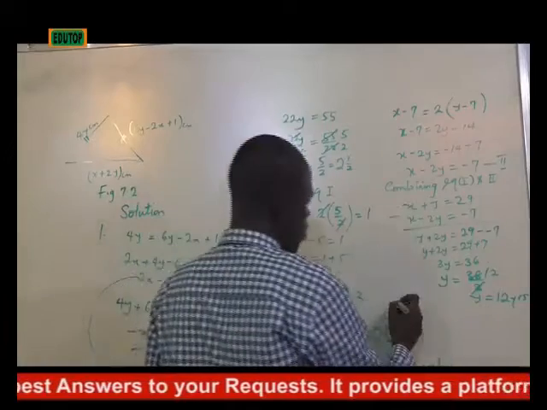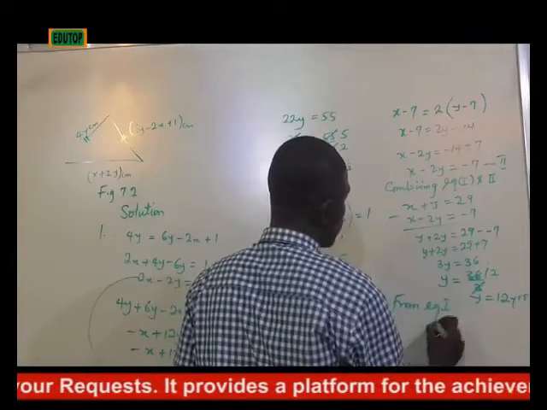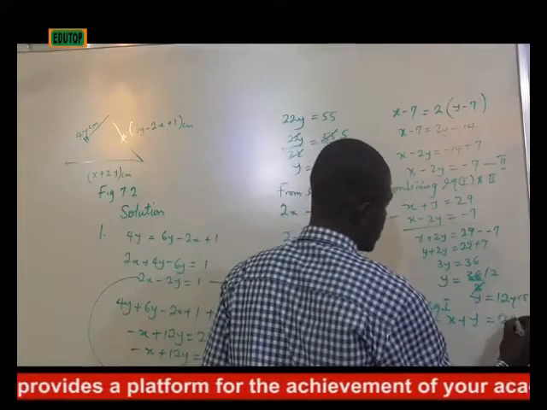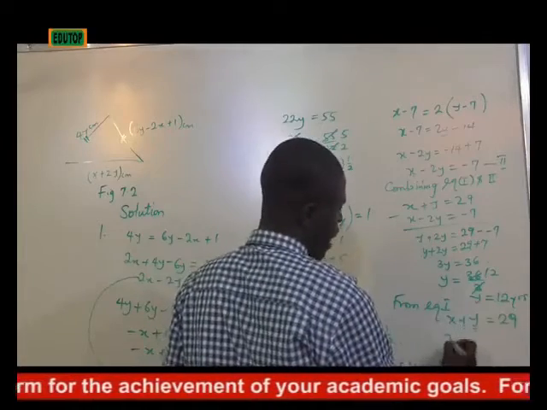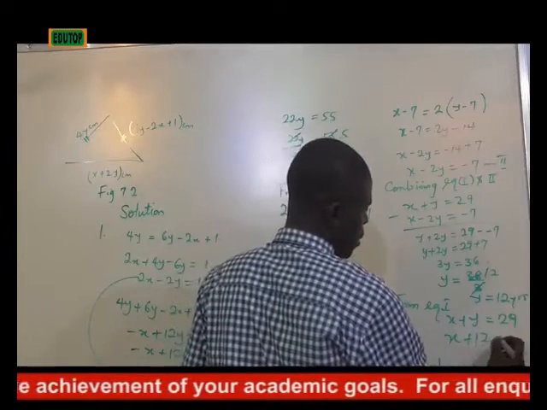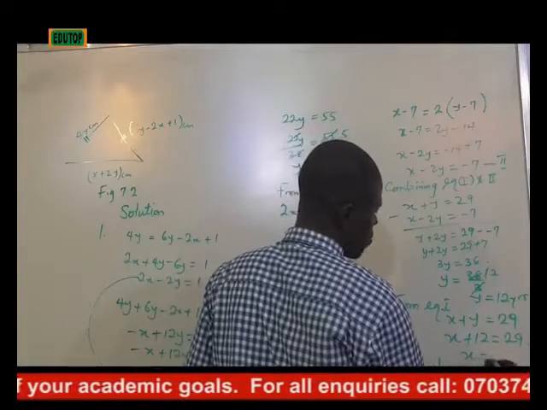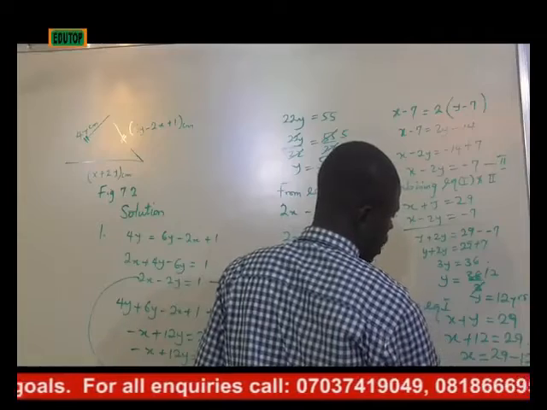We can use equation 1, which says that X plus Y is equal to 29. Since our Y is 12, we have X plus 12 equals 29. Then our X will now be 29 minus 12.